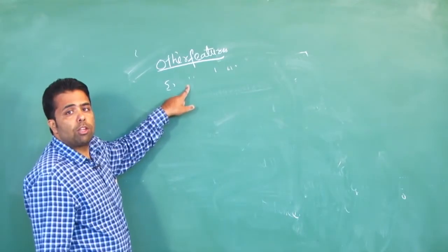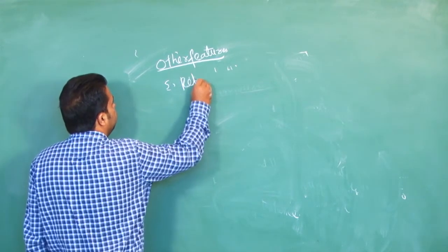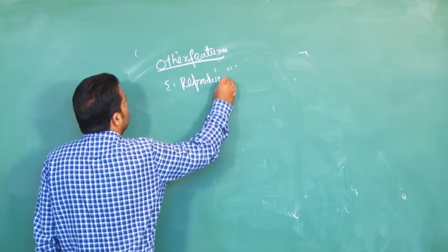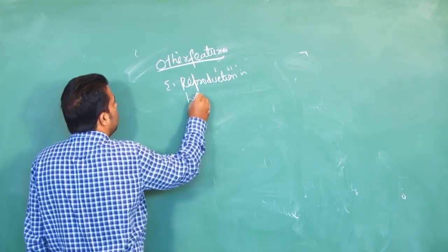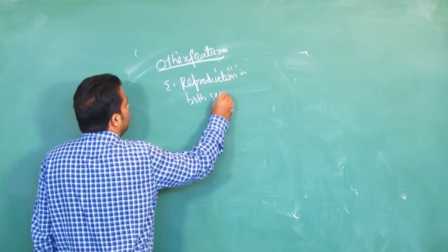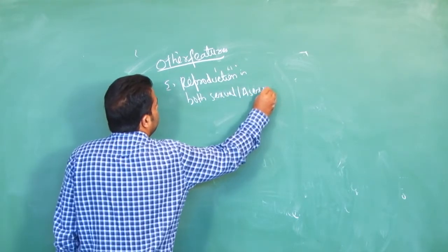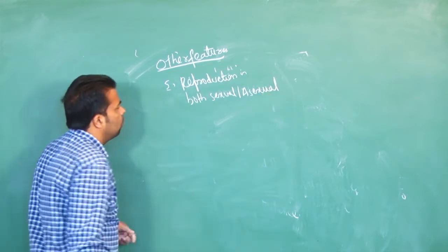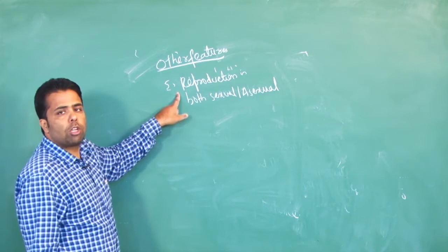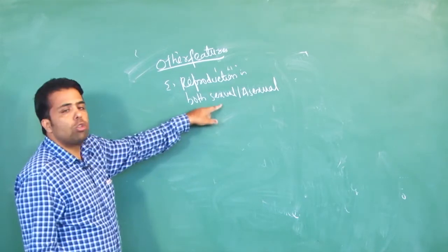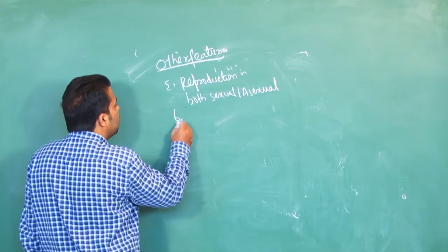Reproduction is both sexual as well as asexual. So we are discussing other factors. Point number 5 is reproduction is both sexual as well as asexual. Power of regeneration can be found here.